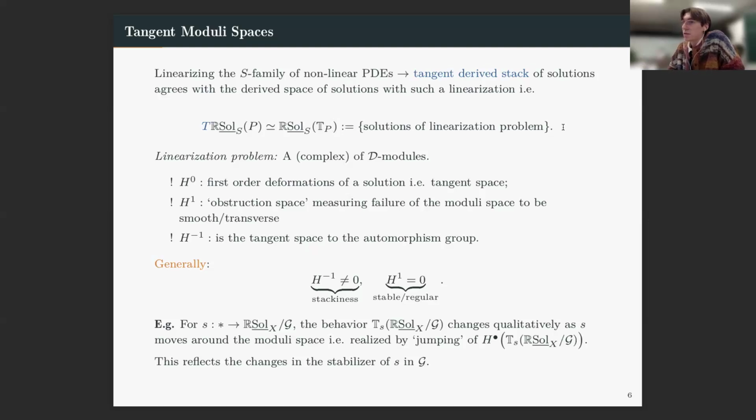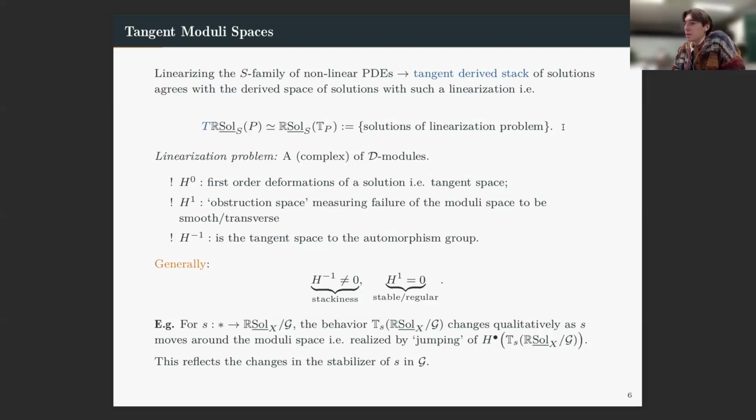And so it turns out that in general, you write this as some kind of complex of D-modules, and as a complex, it has cohomologies. And these are really the deformation theory of your solution space, assuming that these objects exist. And so you can have parametrizing spaces of your deformations of a solution, and obstruction spaces. These are interpreted as recording the non-smoothness of your moduli space, and also recording the infinitesimal automorphisms of your solutions.